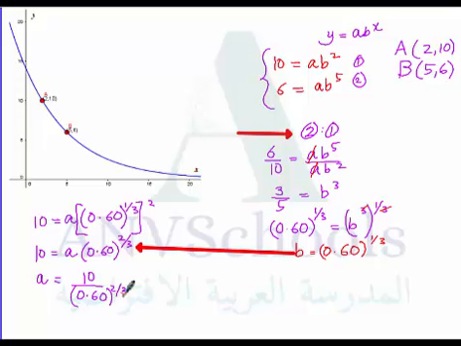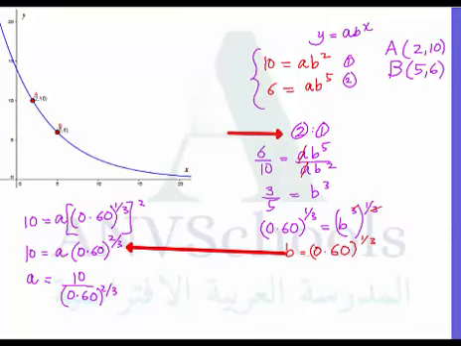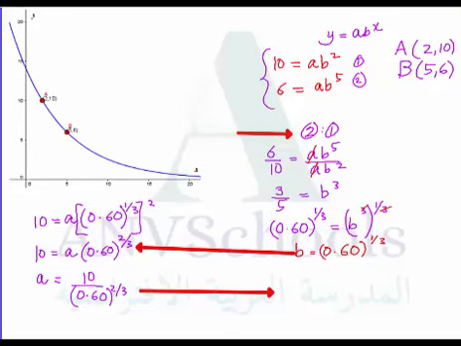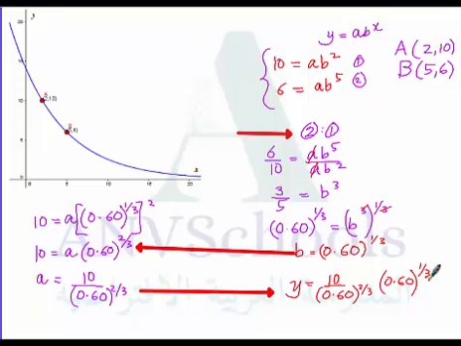And if we are to get the exact value of our exponential function, then we will have y is equal to, our a is 10 over 0.60 raised to 2/3, and our b is equal to 0.60 raised to 1/3, all raised to x.